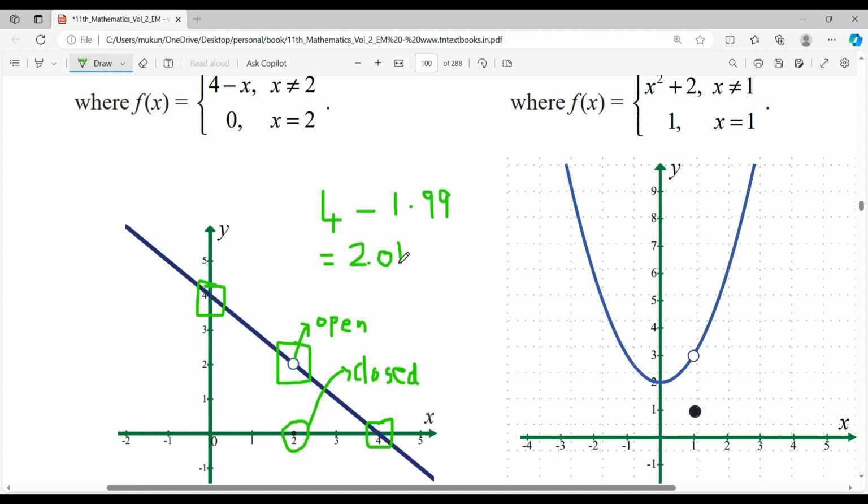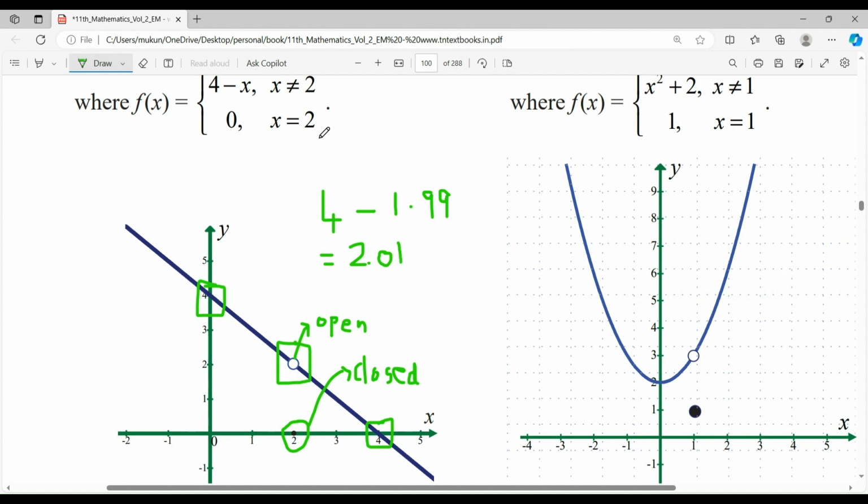And what we've been told is at x equals 2, this takes the value 0, right? Now we have another case here.